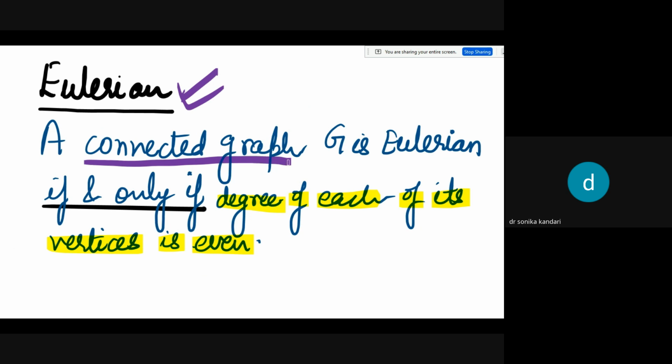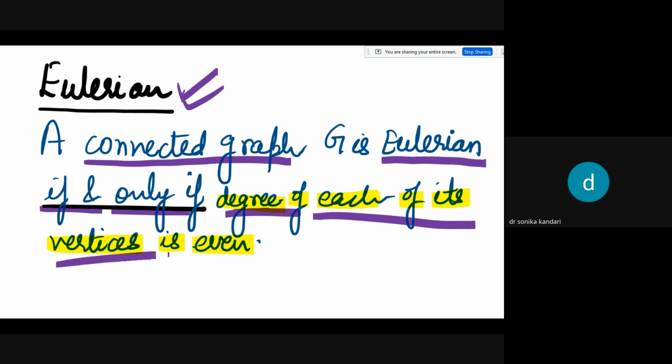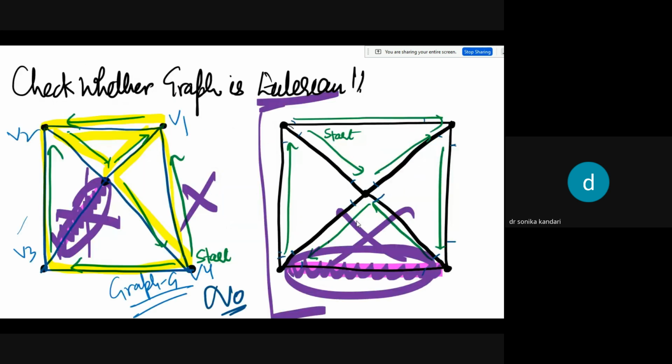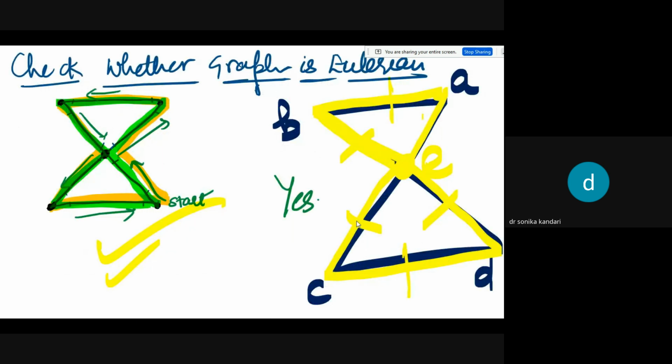A connected graph G is Eulerian if and only if the degree of each of its vertices is even. This is the theorem. In this way, you can find whether a graph is Eulerian or not.